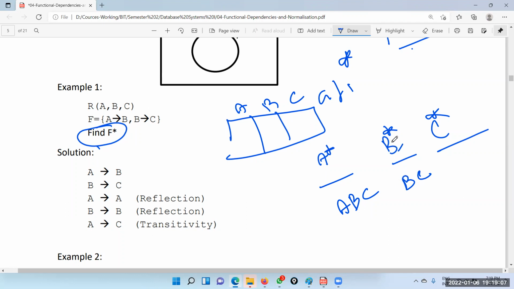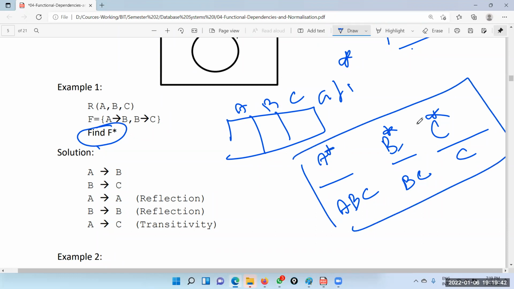We can't say that B closure includes A, because it is A determines B, not B determines A. So B closure is B and C. Then C. Here you can see that C determines C by reflexivity, but from these 2 dependencies, we can't deduce any other determination, because it is B determines C, not C determines B, and this has nothing to do with C. So C closure is C. So this is your final answer: A closure, B closure, and C closure.